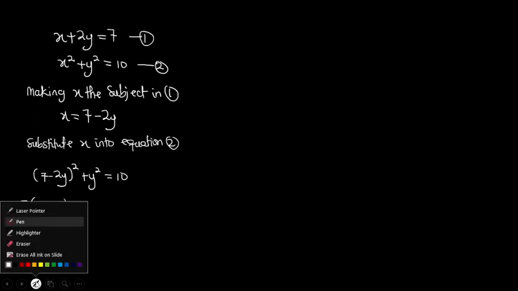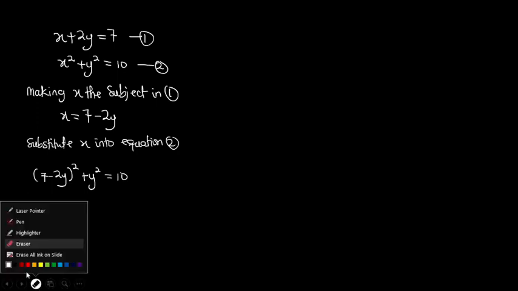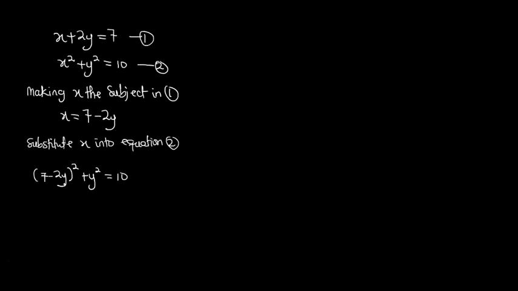Let me not jump that step, let me take it one after the other. It means I have the content in the bracket twice. So I have bracket 7 minus 2y multiplied by bracket 7 minus 2y, plus y squared is equal to 10.